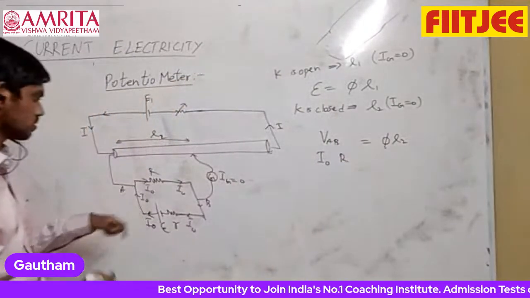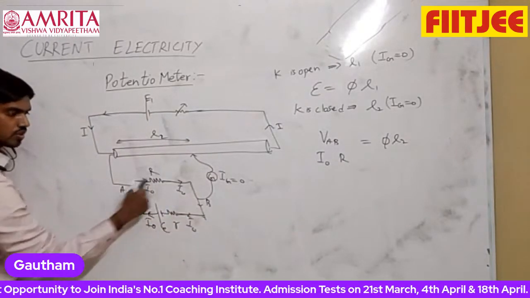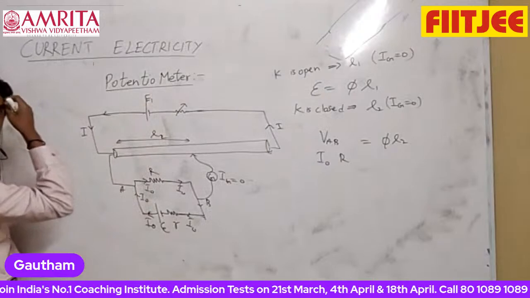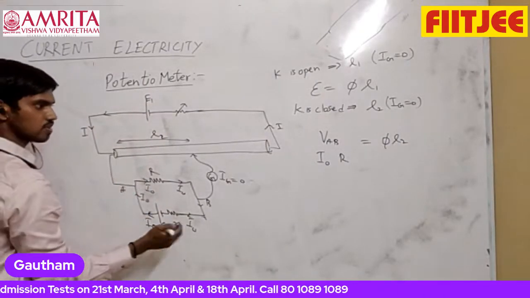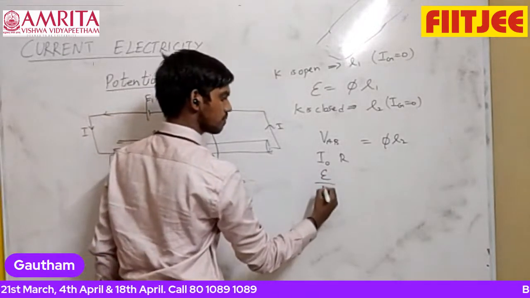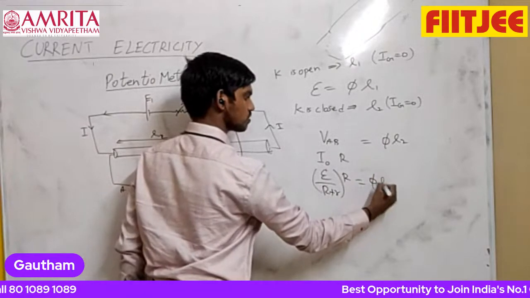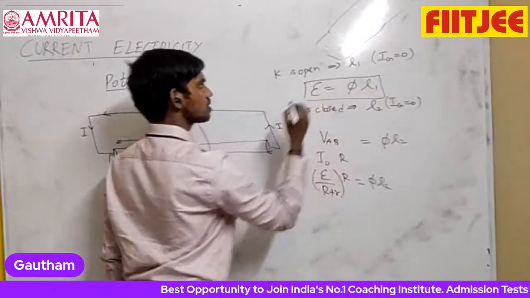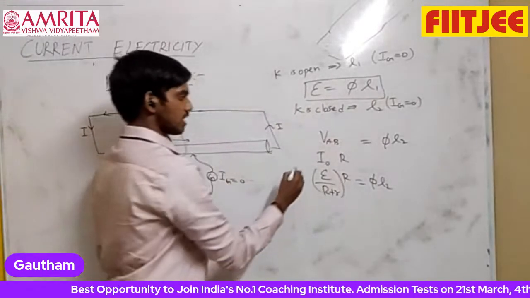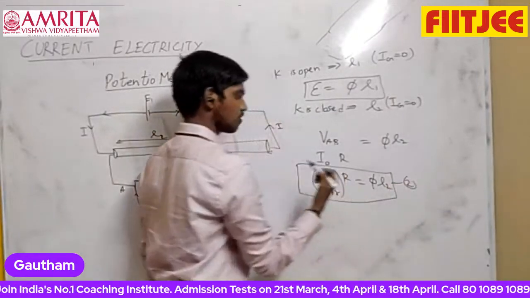What is I0? Current in this branch is EMF divided by total resistance. Just now we saw a question based on this. So E divided by capital R plus small r is I0. E divided by R plus r, into R, is equal to phi L2. So from these two equations, if you divide the second equation by the first equation, you can get the value of internal resistance.